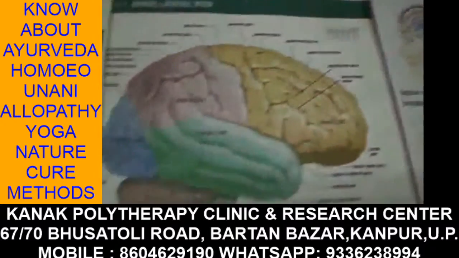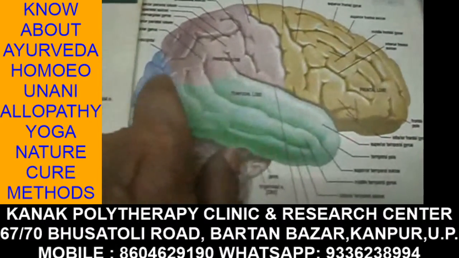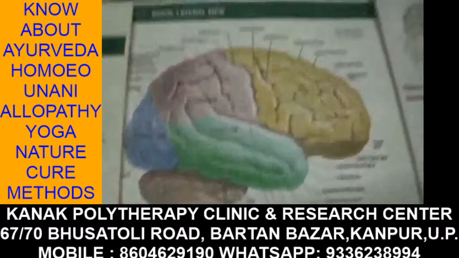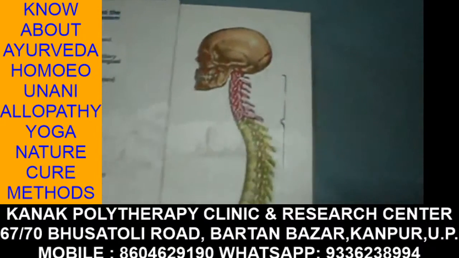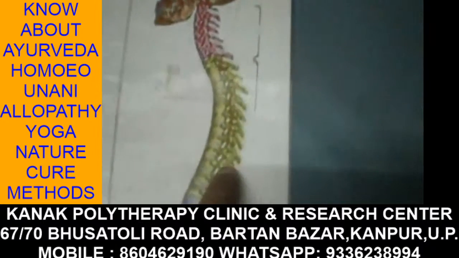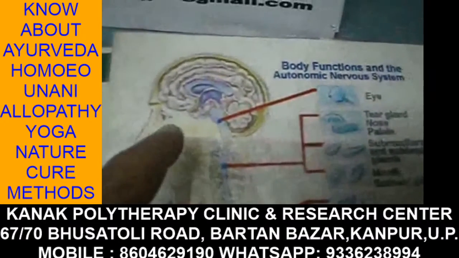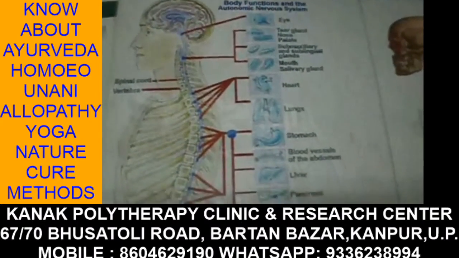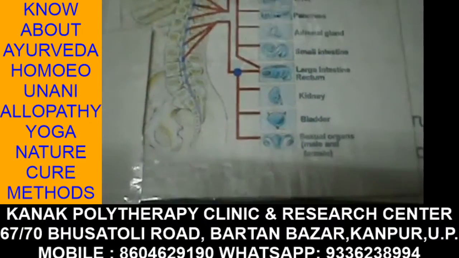Now this is the brain. You see here, the brain has five parts: 1, 2, 3, 4, 5. It has five parts and is related with the whole of the spinal cord. Now you see, this is the spinal cord, it is related, and you can see here how the brain function is done by the brain, the spinal cord and the entire nerves.